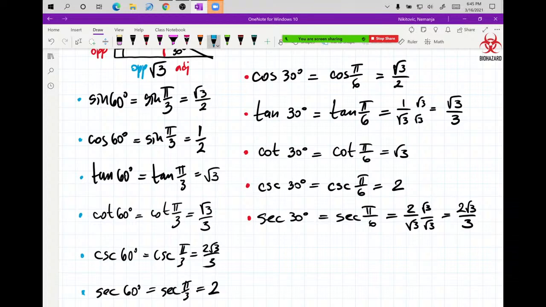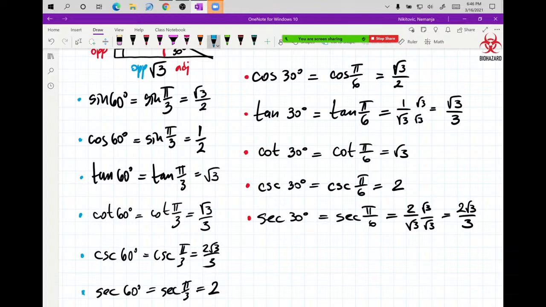So I hope that you will be connecting the blue dots to the blue writing and understand that your triangle can be flipped in any way. Could be sideways, could be going up, or whatever.